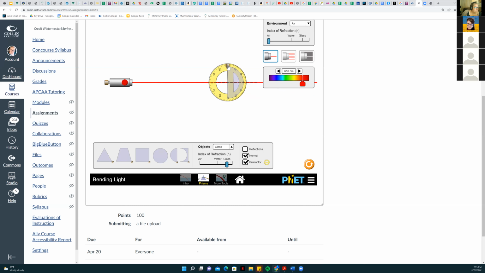Okay. I actually had that happen to me where it was glitching, and it was because I was reading the wrong line. I was reading the red line where the incident should be.